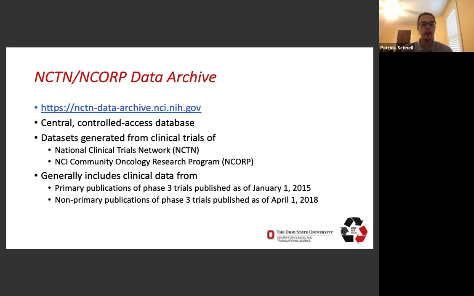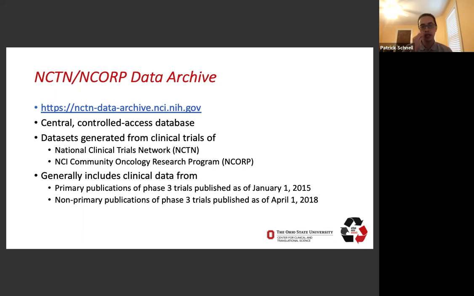And it's controlled access, so you can't just get to a link on the website and download everything. You have to register an account, say who you are, get a DUA set up, and have a very brief research plan. But other than that, you don't need to apply for any sort of competitive process or scientific review.